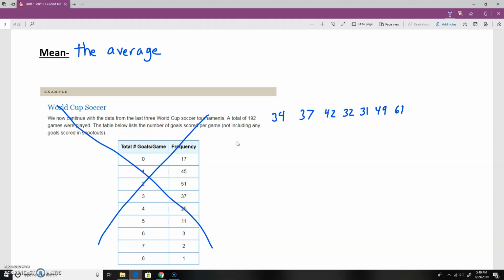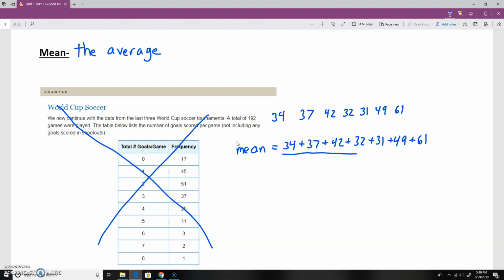In this example, you see I have these numbers written out: 34, 37, 42, 32, 31, 49, and 61. Well, the mean of these values would simply be found by adding all of these up: 34 plus 37 plus 42 plus 32 plus 31 plus 49 plus 61.